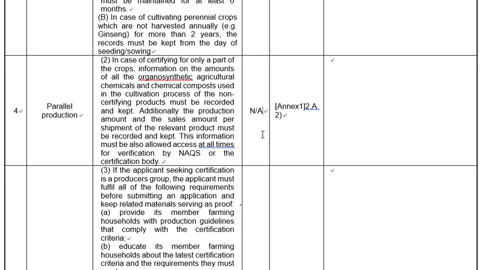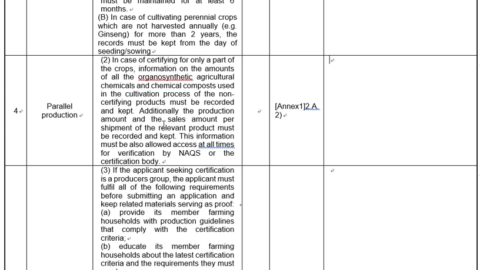But if the farm grows organic and non-organic crops with the same variety or same crop, visually not distinguishable, that means it's the same crop, so it has a high risk of contaminating each other. That's what we call cross contamination. In this case, the inspector needs to verify against the standard.